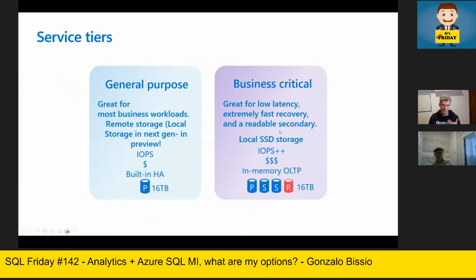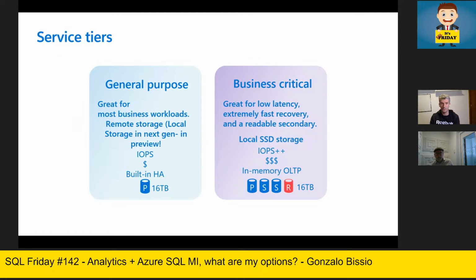Let's talk about service tiers. We have General Purpose on one side, and Business Critical on the other. There was an announcement about the next gen General Purpose. For example, a huge internal project called Hermes, where General Purpose is now using premium storage instead of blob storage.